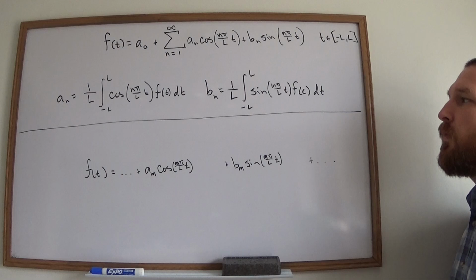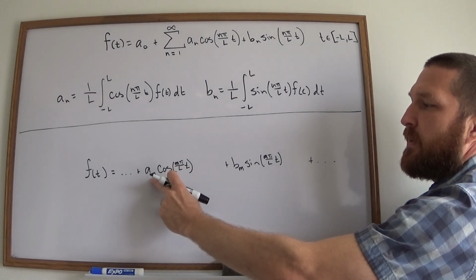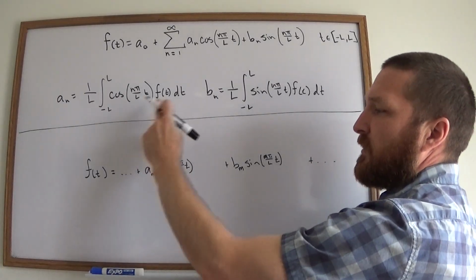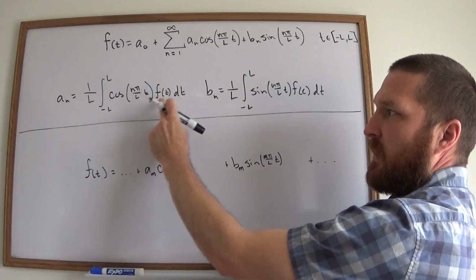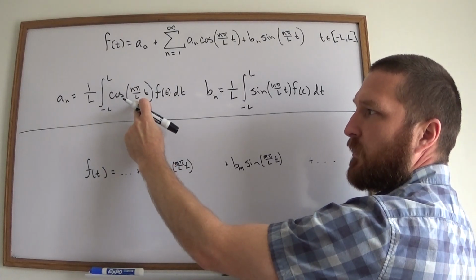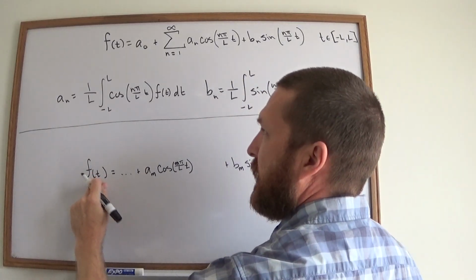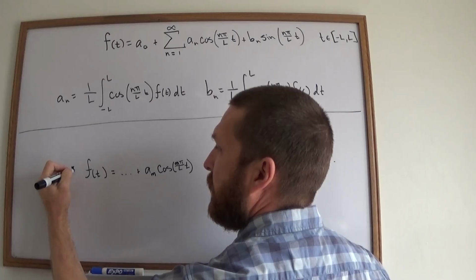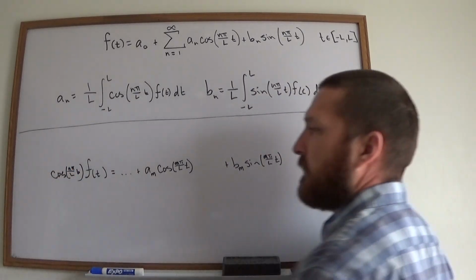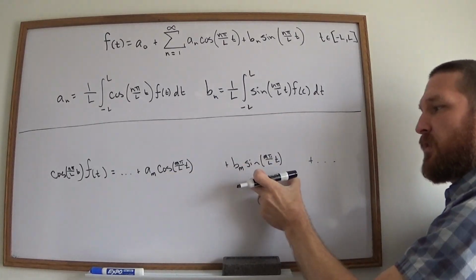Let's say we want to find, let's just take a look at this. Here's your f of t. If you multiply it through by cosine of n pi over L t, we do it to every single term.